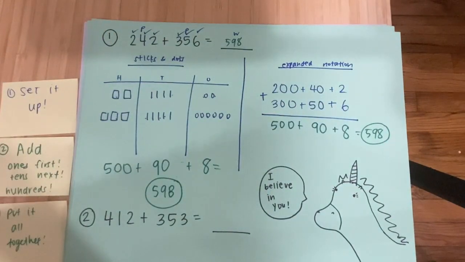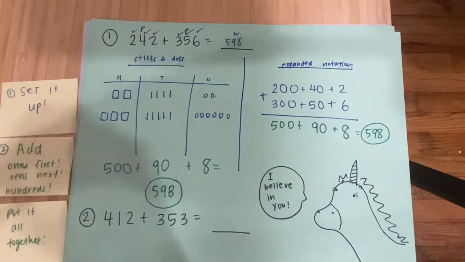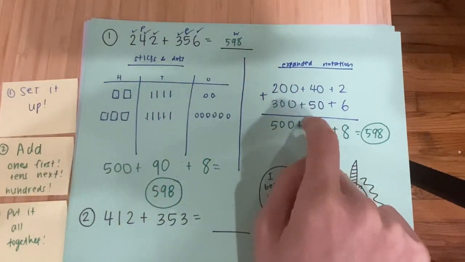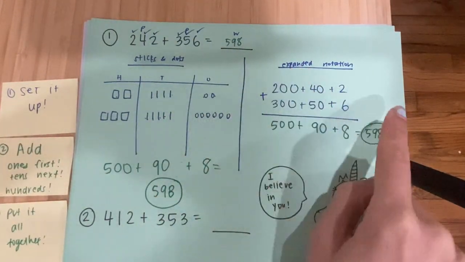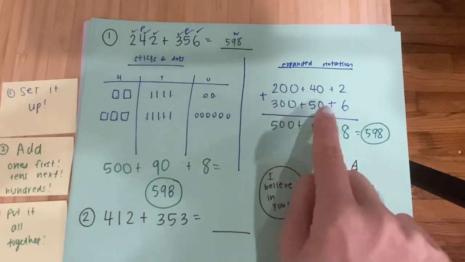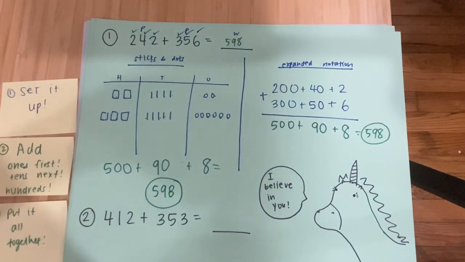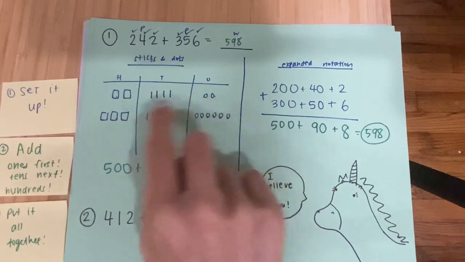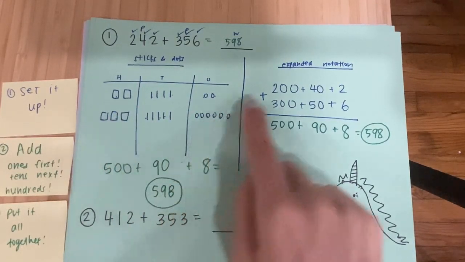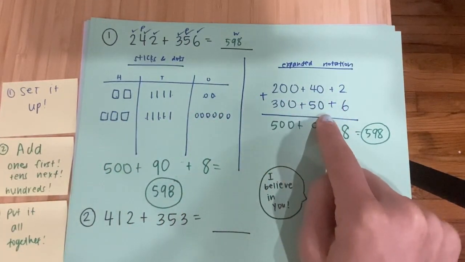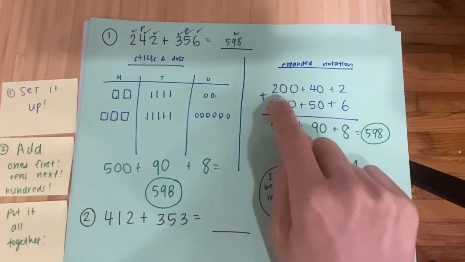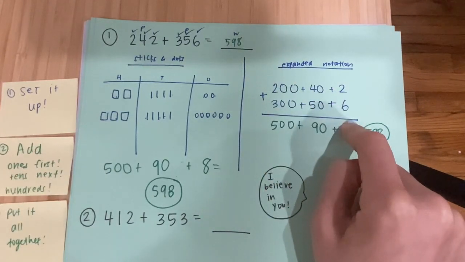There's something, though, that is different. What is different about sticks and dots and expanded notation? It should be obvious. You got it. What's different is that in sticks and dots, we show the numbers with pictures, but with expanded notation, we actually show the numbers with the value of each digit.